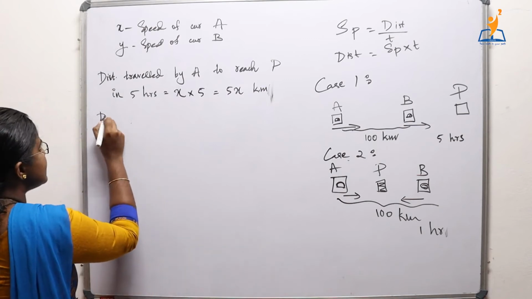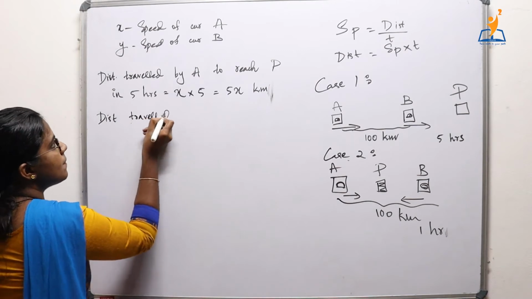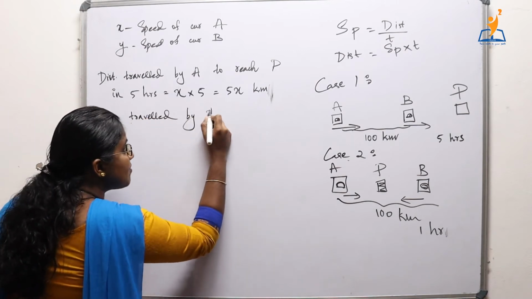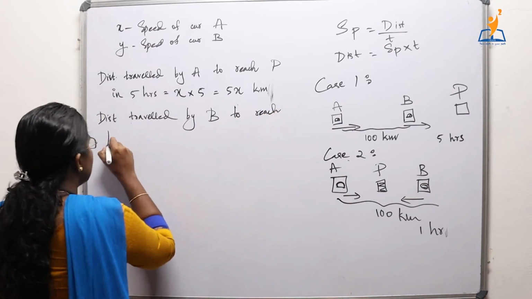Now what is the distance travelled by the car starting from B to reach P? What will be that distance in 5 hours?